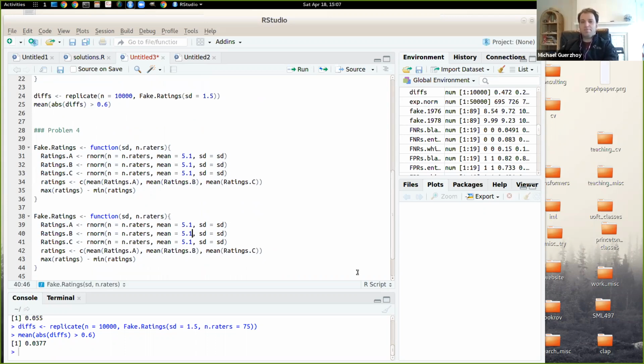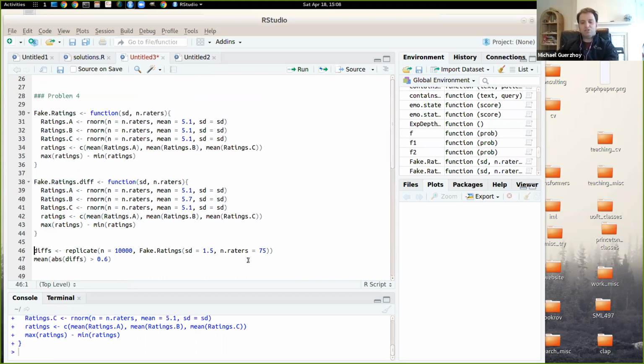So I'll bump one of the wines up to 5.7, and I'll keep the others at 5.1. So this would be fake ratings diff. And now I want to know how often the difference is going to be greater than 0.6, so that I can say that it's significant. I'll just do fake ratings.diff here.